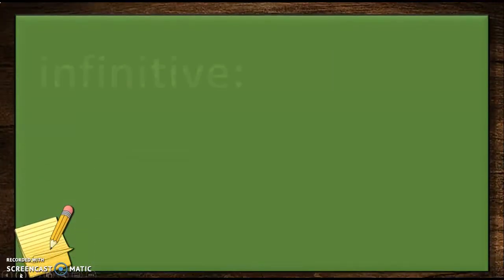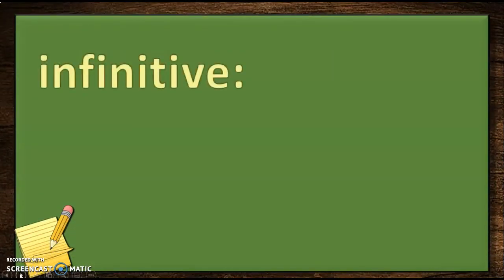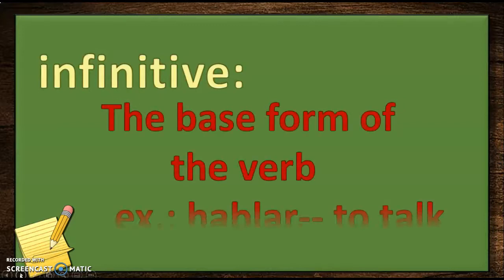A couple of terms that I want to make sure you understand. Infinitive. An infinitive is the base form of the verb. For an example, in Spanish, hablar, which in English means to talk. In Spanish, the infinitive always ends in an R. In this case, it's an AR verb, so it's hablar, ending in AR.